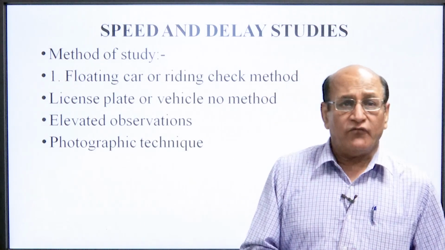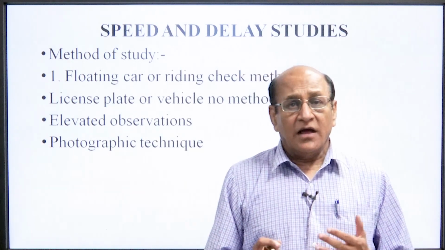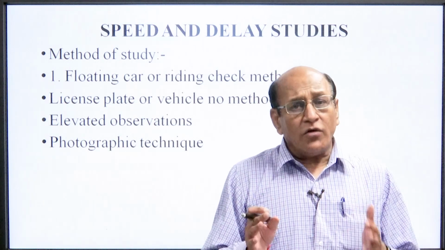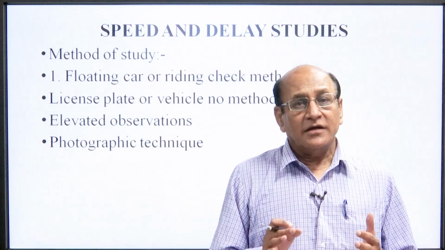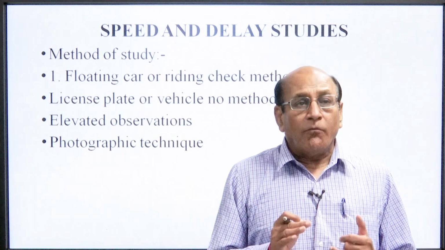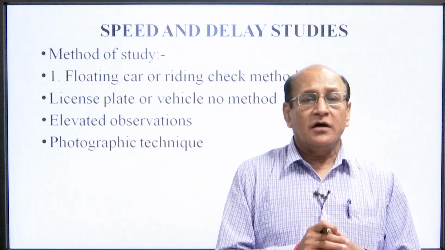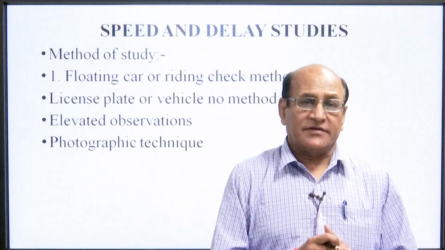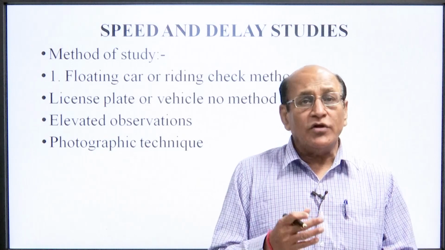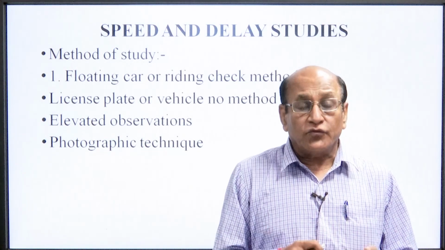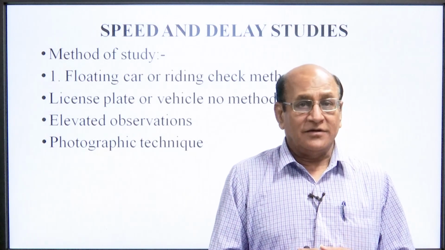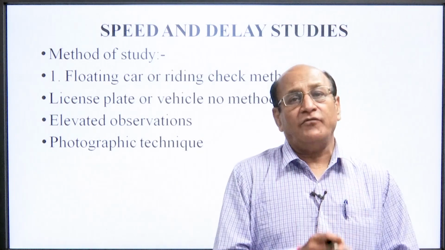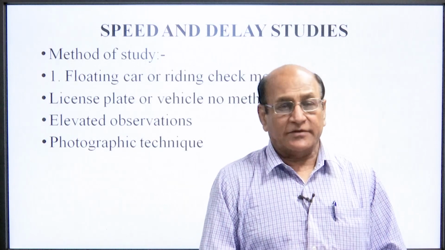We will discuss the floating car or riding check method. Your car is moving along the stream of traffic, meaning you are not going to speed up or slow down your vehicle. You are floating your vehicle in the stream of traffic.